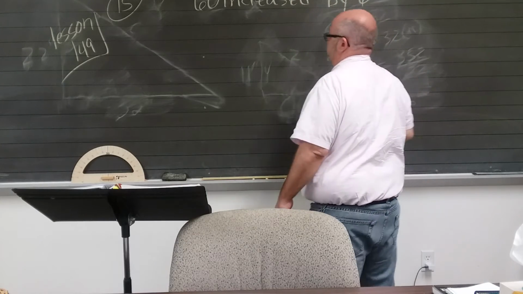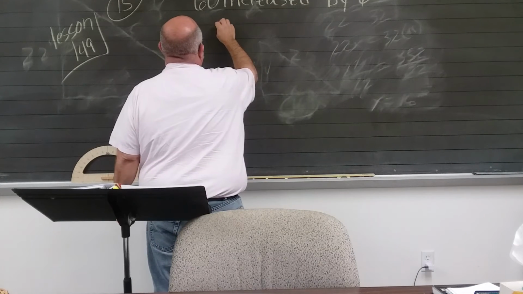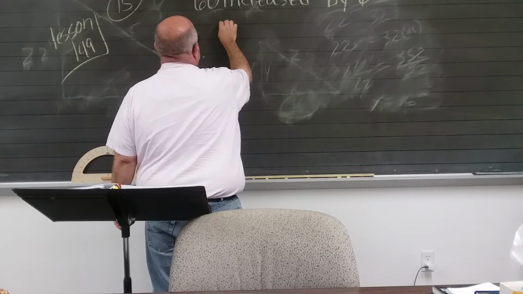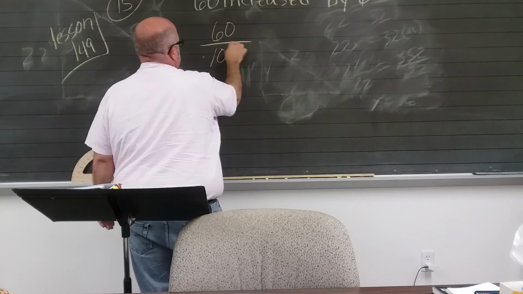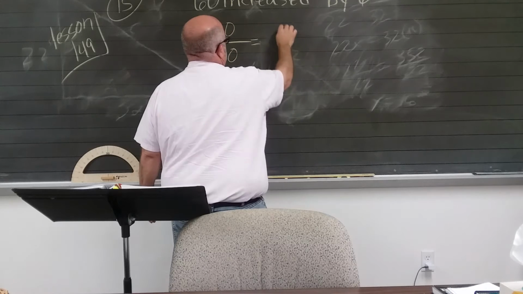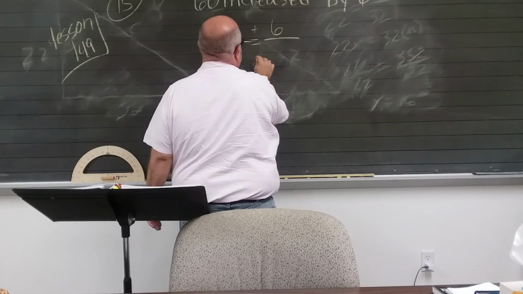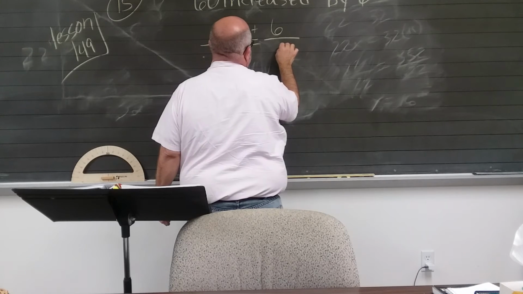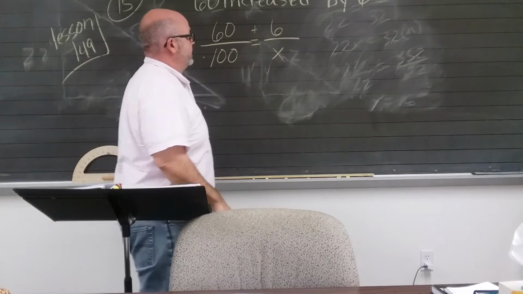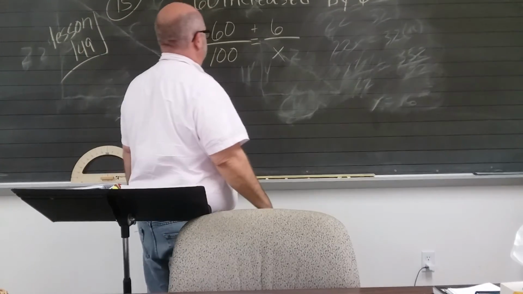Now we know that 60 increased by 6 is going to be 66, right? But they want to know the percent of increase. So you have 60 over, that's the total, 100, equals plus 6 over missing number. And the missing number is your percent of increase.